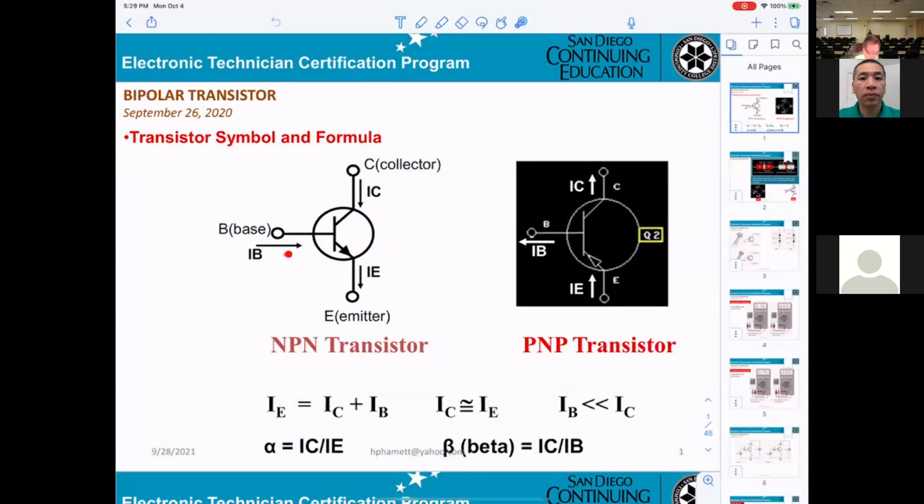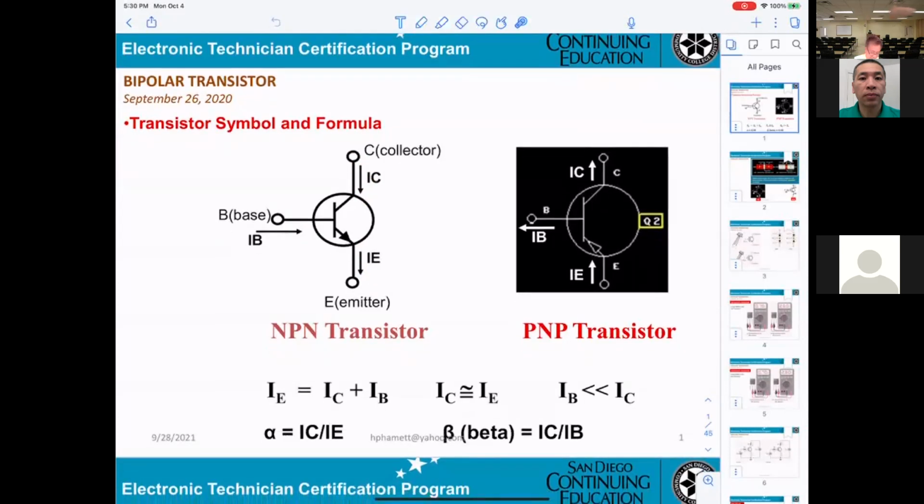So if IB equals 1 milliamp, then the current IC will be 100 milliamp. They want to amplify it, make the current bigger. And the current IE is also a little bigger. The thing with IC and IE is there is a very small difference.